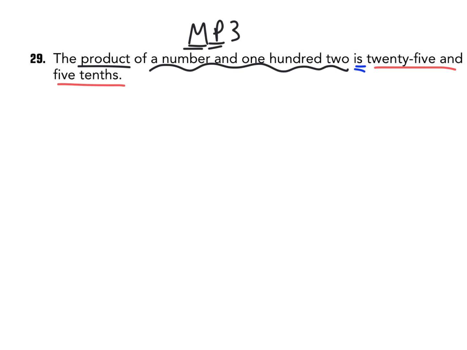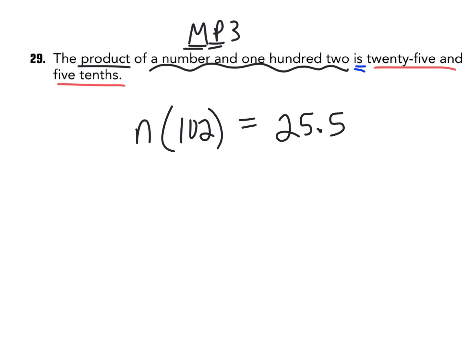So we have the product of a number and 102 is, so equals 25 and 5/10. I'll probably give you a little bit nicer numbers than this for most problems on your tests, but you're capable of doing this. It just would take a little bit longer sometimes. So they're multiplying by 102. We need to divide by 102.